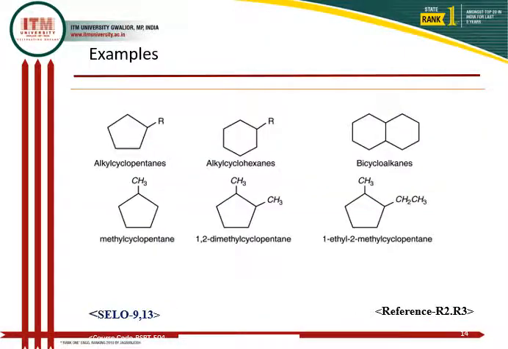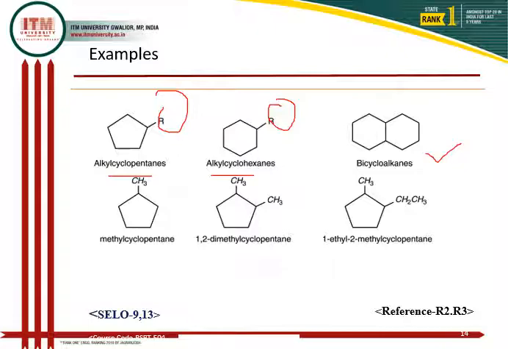So here we can see examples of the alkyl-substituted naphthenes. We have alkyl cyclopentanes, alkyl cyclohexanes. So this is also the alkyl substituent of the cyclic saturated hydrocarbon. We have the bicycloalkanes.